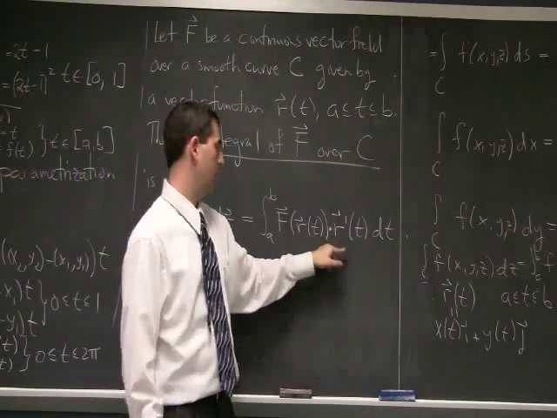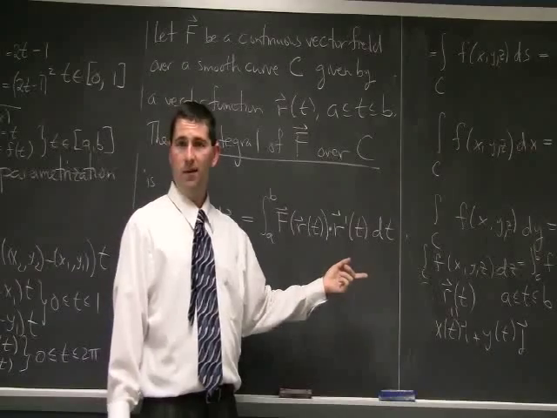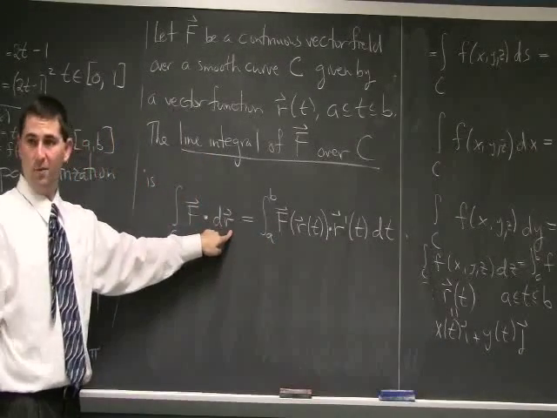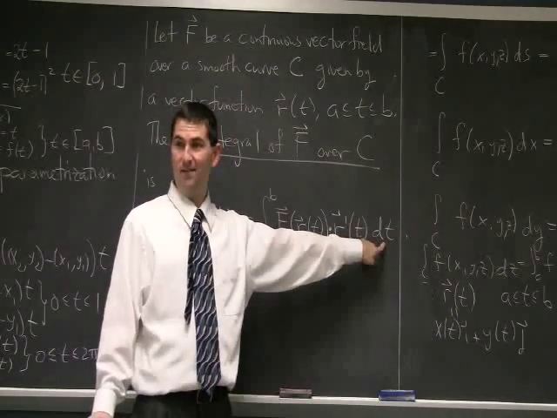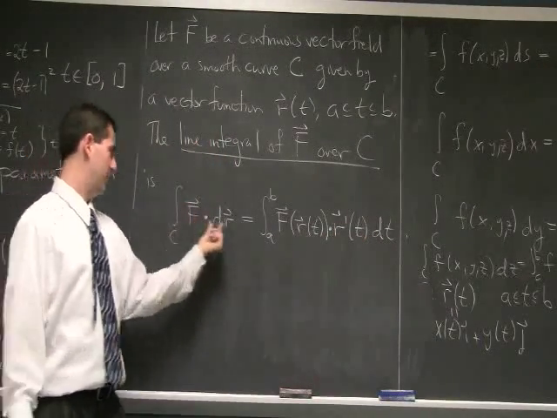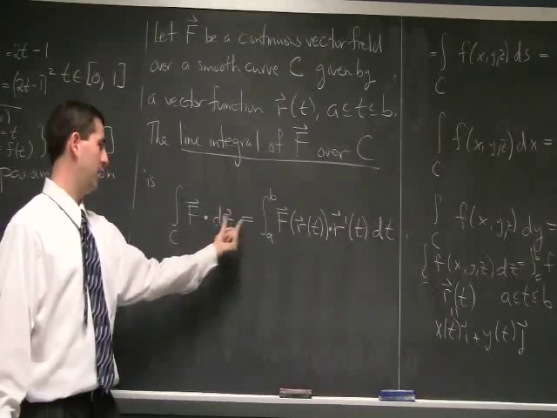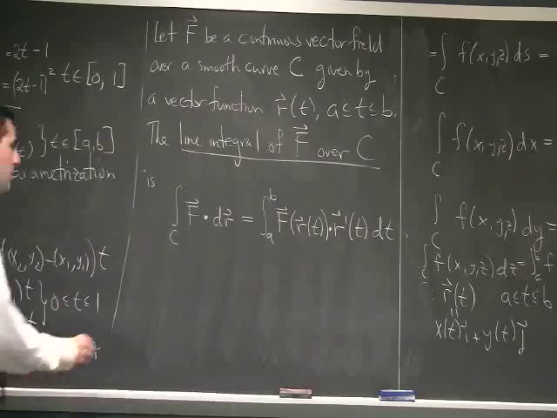You're thinking about this as the derivative of r, dr, with respect to t, should be r prime dt. So F dot dr means take this and dot it with r prime dt. So that's the justification for this notation.